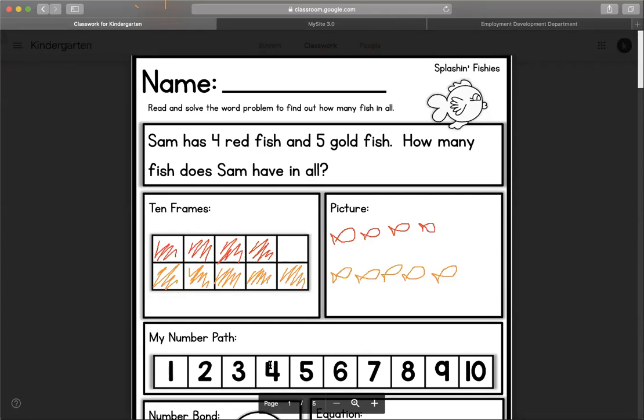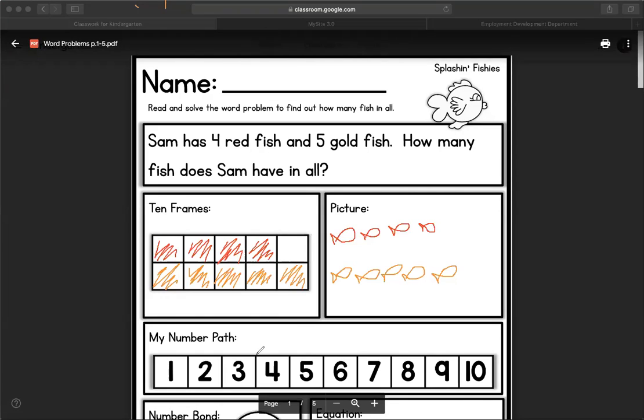So if I know that I have 4 red fishes, and it's telling me that I have 5 goldfishes, I'm going to circle the 4, and then I'm going to circle my 5.